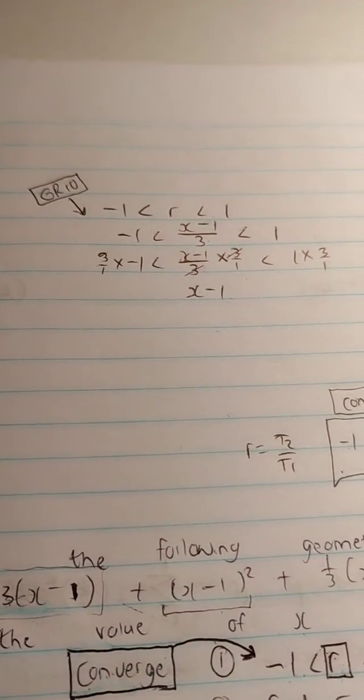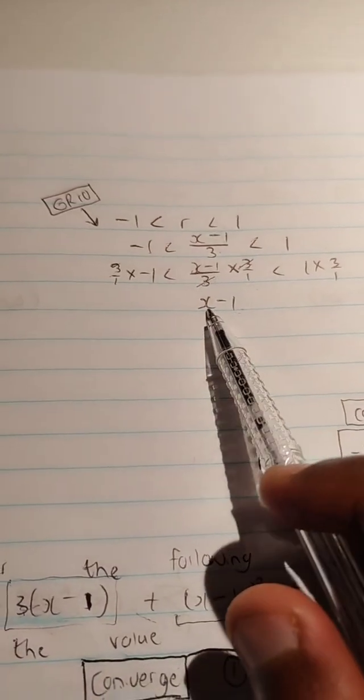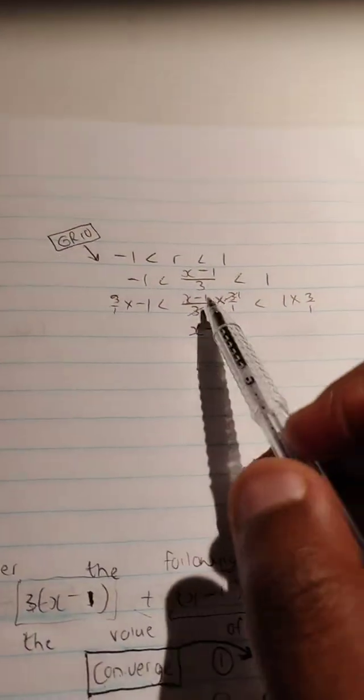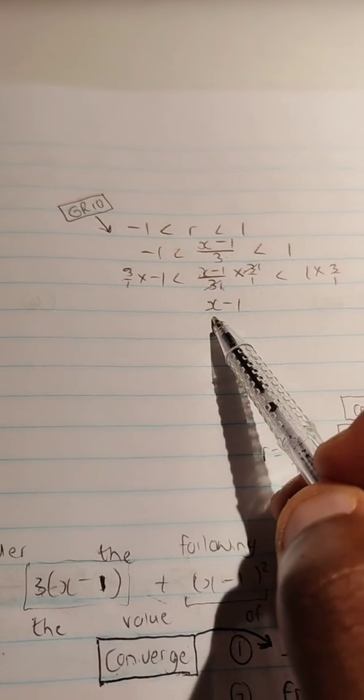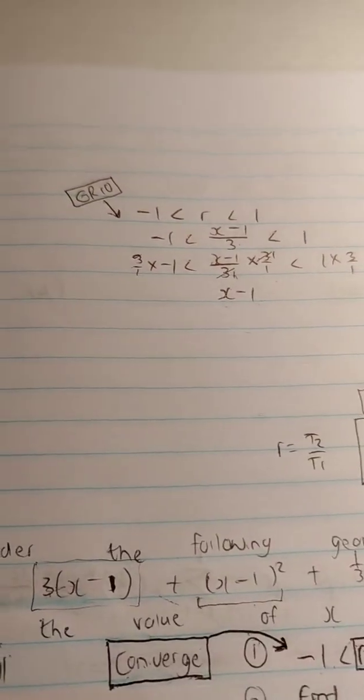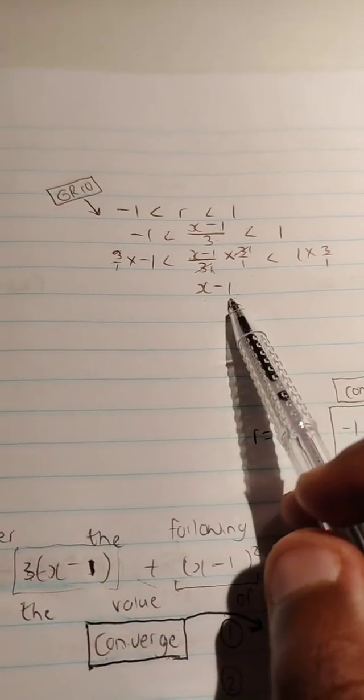But x minus 1, the cancellation there leaves us with 1 and 1. Then x minus 1 times 1 gives us x minus 1 in the numerator. 1 times 1 in the denominator simply leaves us with 1, and that 1 is not of significance. We can simply write x minus 1.